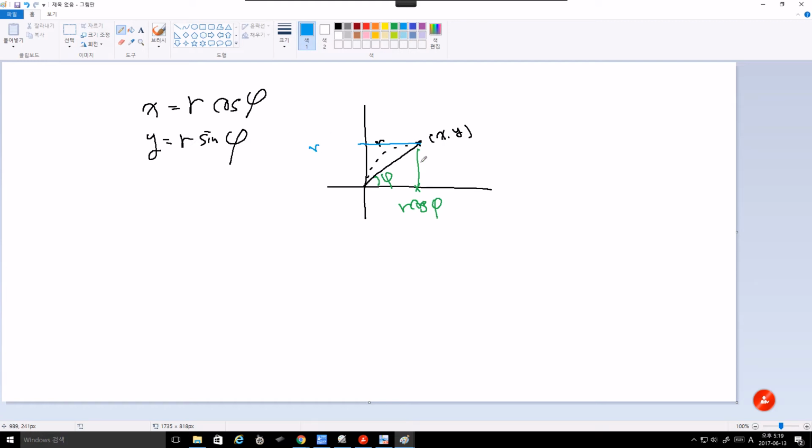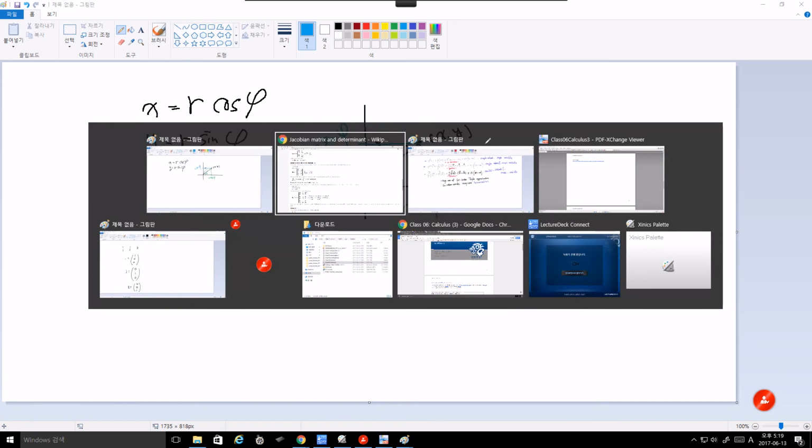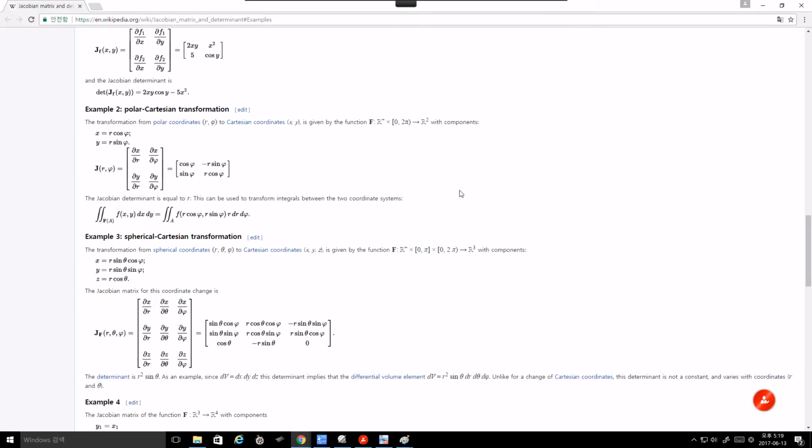So if we have the length r and then the angle, we can transform that into x, y; we can change the coordinate. So it is a transformation from polar coordinate to Cartesian coordinate.